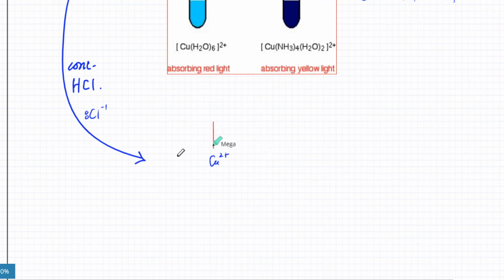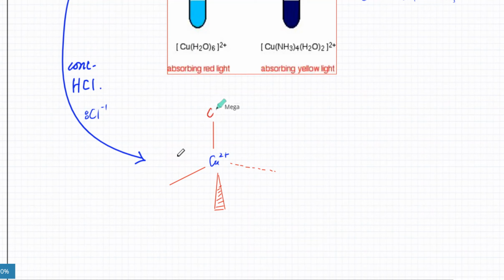Pretty much all the water molecules get replaced by Cl-1. The Cl-1 come in and start surrounding the copper, bringing in the lone pairs. The water molecules have been knocked out, and because it's concentrated, all of them are knocked out.